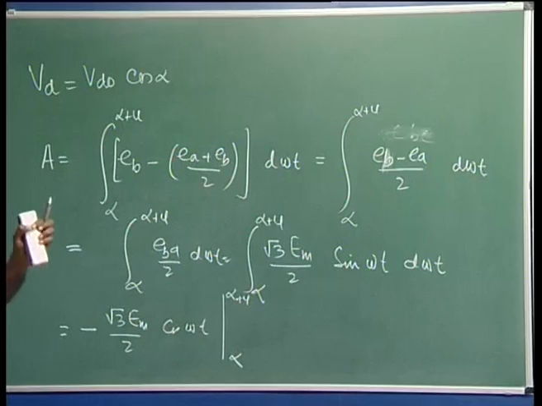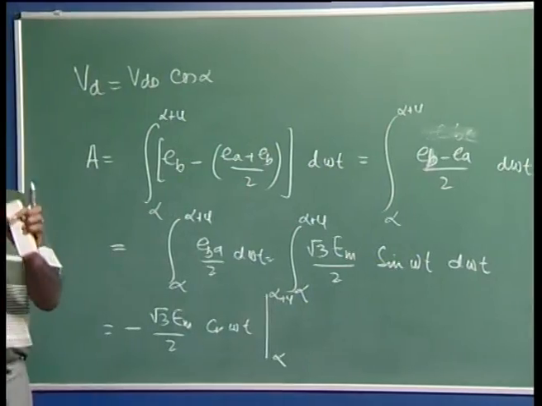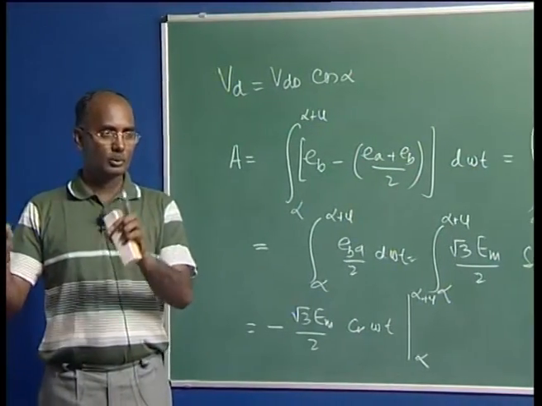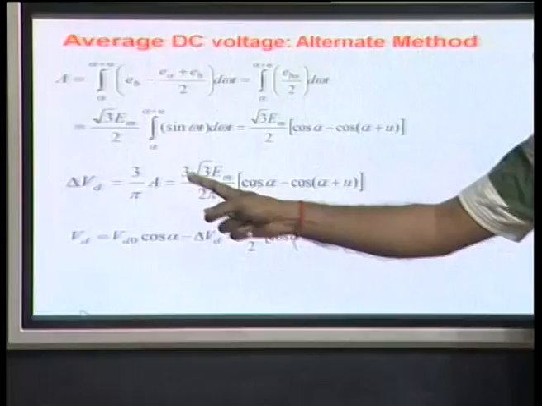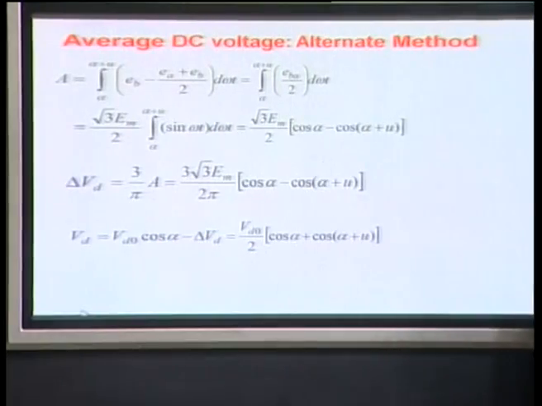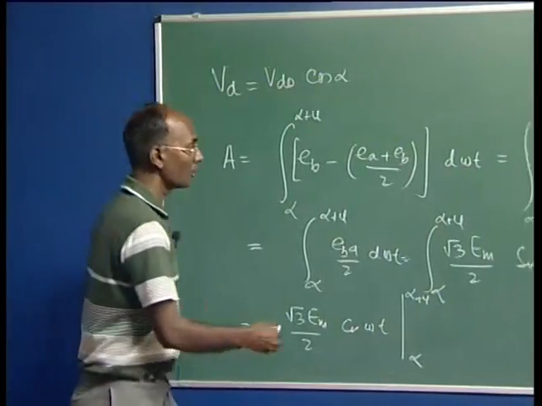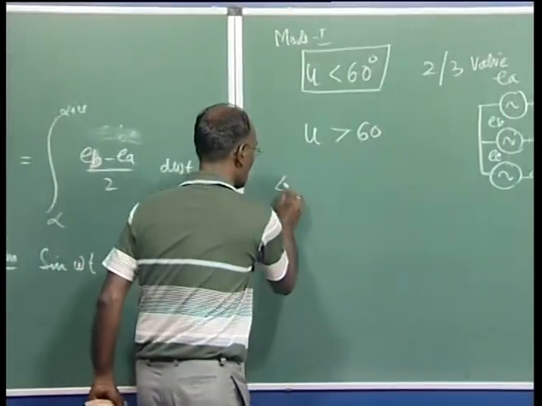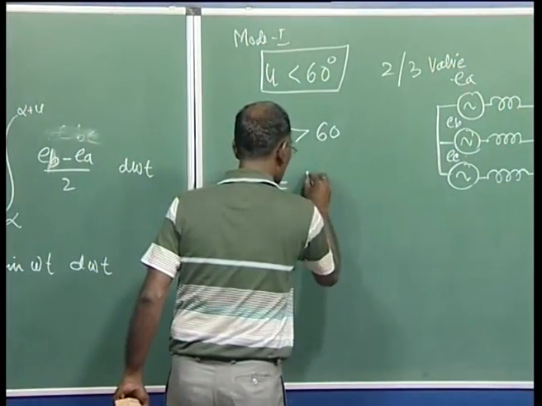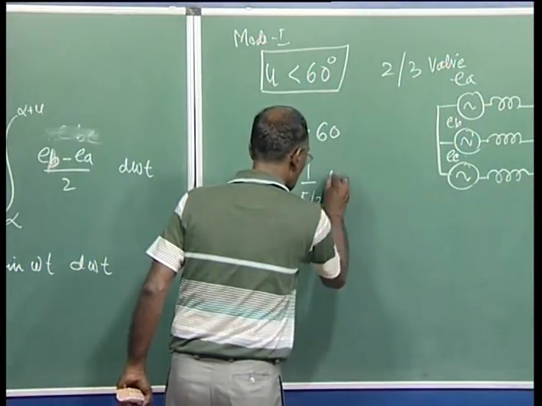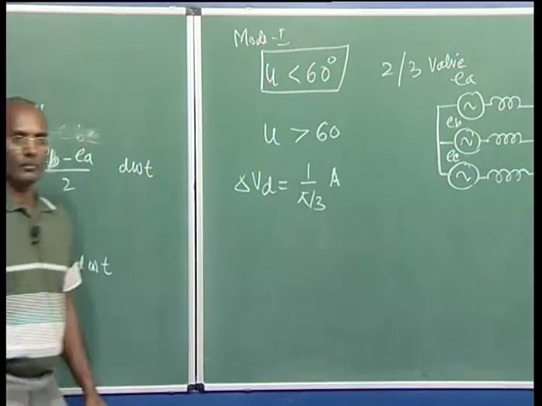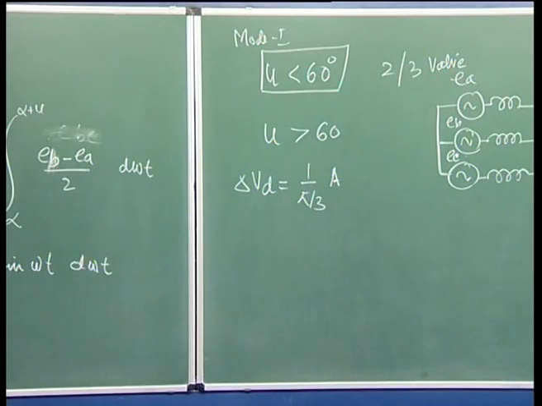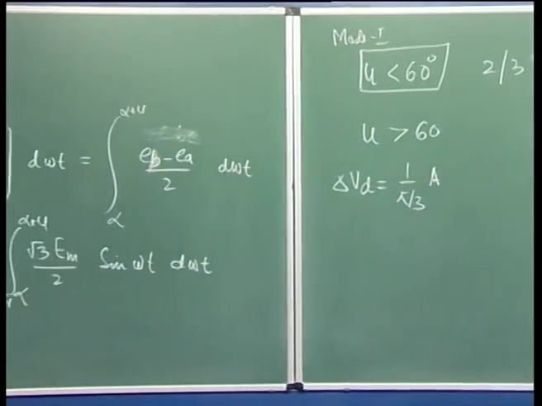Now, since this average is every 60 degree, to take the average we have to average out this A. So, this change in the voltage is nothing but 1 over pi by 3 A, because this area was for 60 degree and it is repeated.